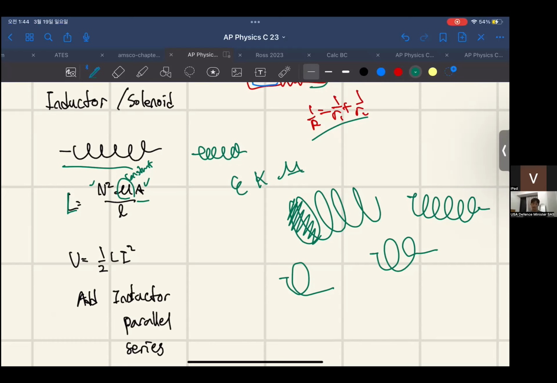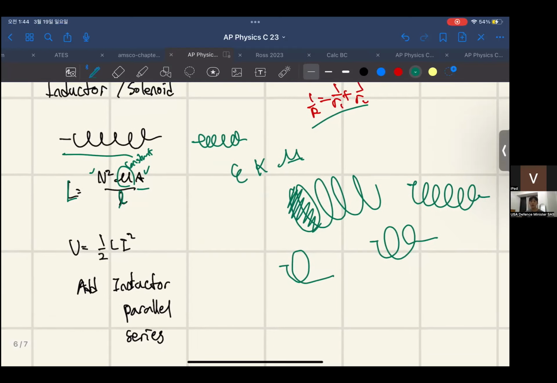Now on the denominator, you have l, the length. That's kind of weird. I mean, l is the length of the inductor, and if the inductor is longer, it might sound like the inductance should also be greater, because in the case of resistance, when the resistor was longer, the resistance was also greater. But in the case of an inductor, that's not how it works.